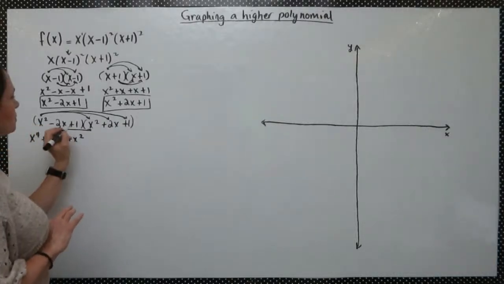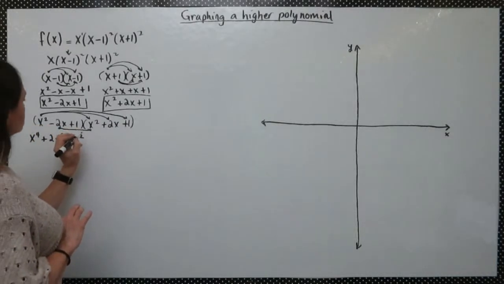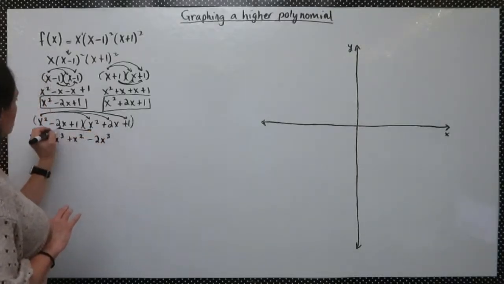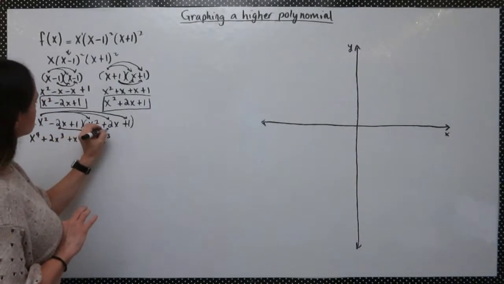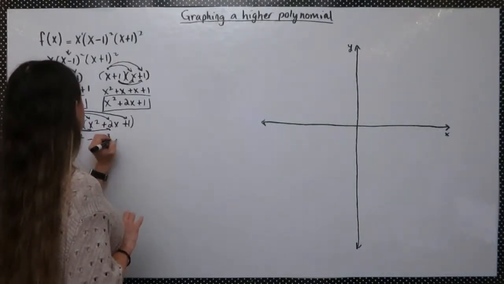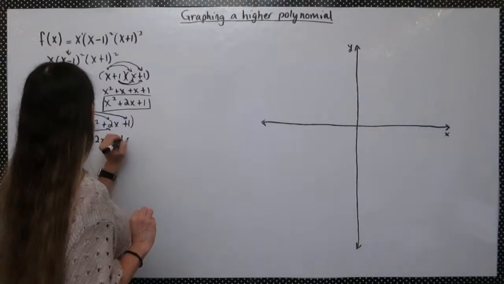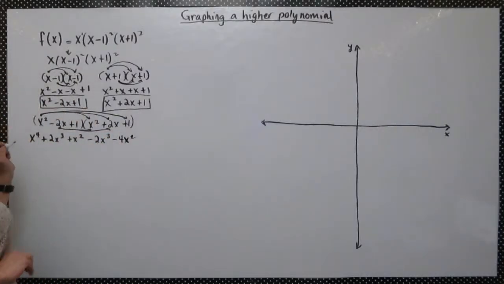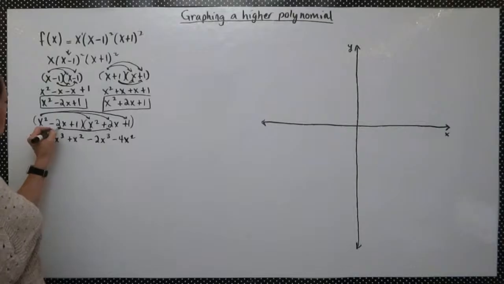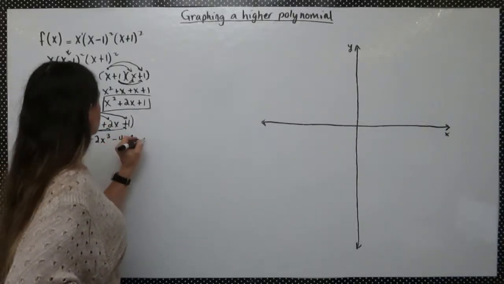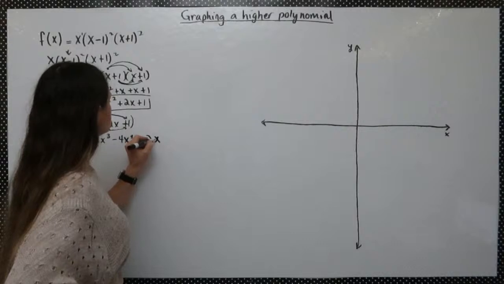So negative 2x times x squared is negative 2x cubed. And then negative 2x times positive 2x, well, that's negative 4x squared. And then negative 2x times positive 1 is negative 2x.